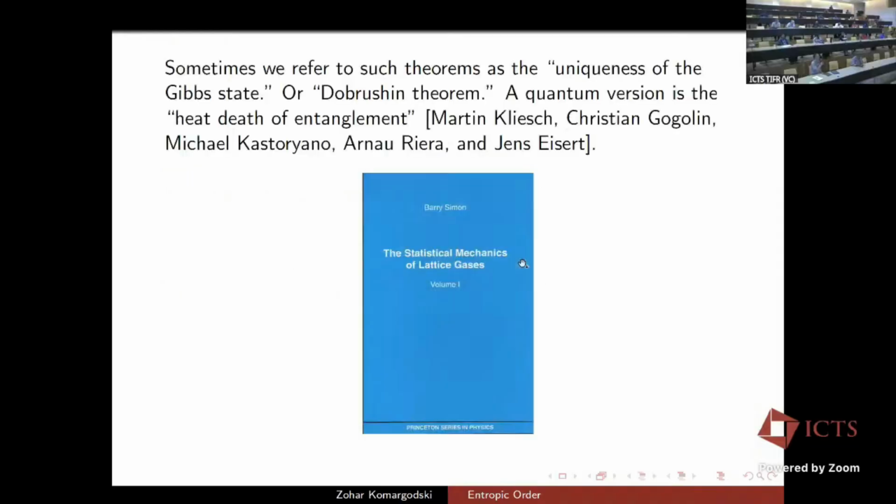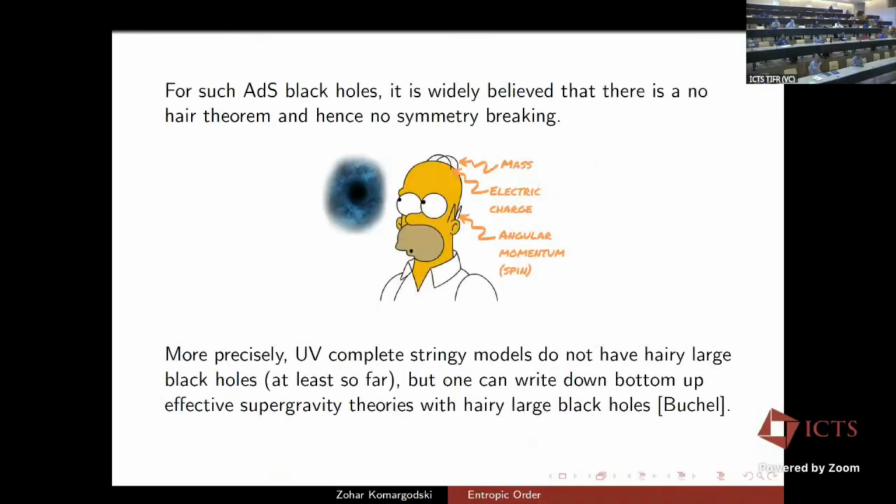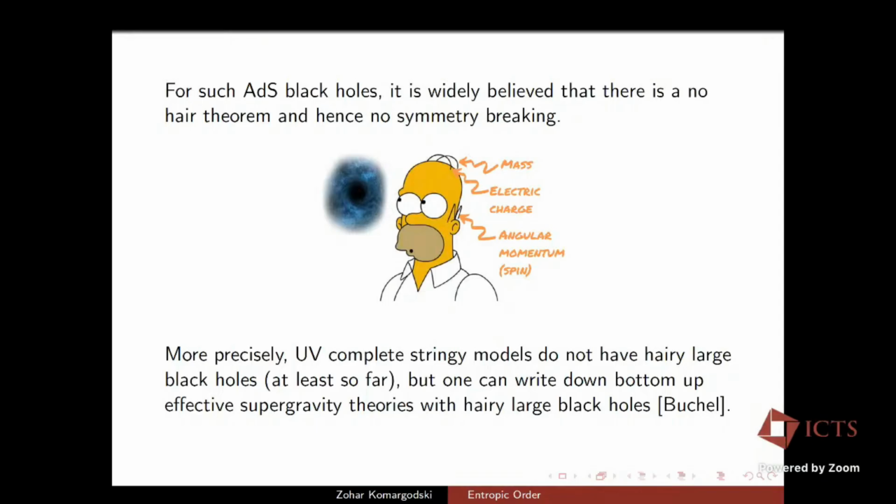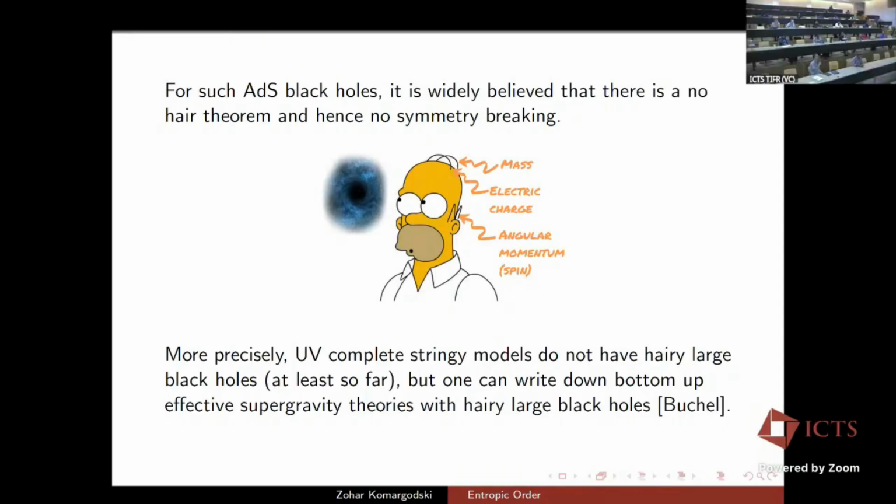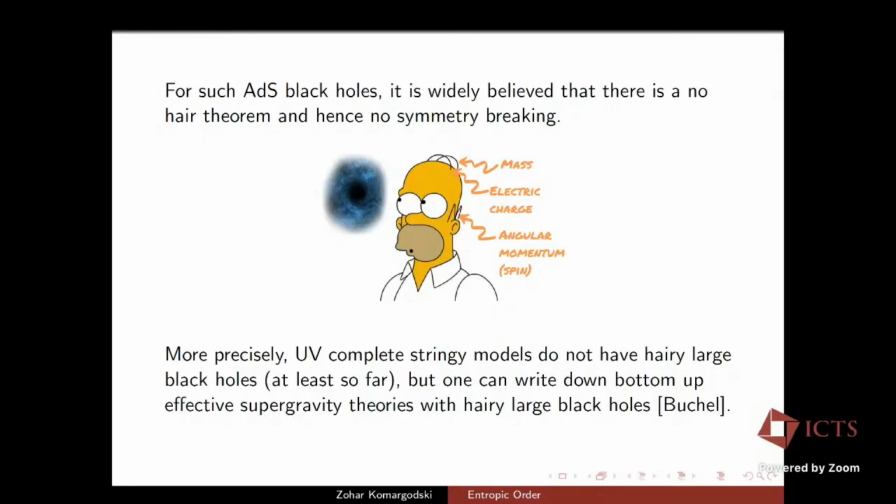So you can, yes? Question about the hair. So by hair, you mean that there are no other things except mass, electric charge, and angular momentum? Yeah. And why is the presence of hair related to symmetry breaking? Okay, excellent. So by hair, what you practically mean is that there is some kind of fuzz or some condensate near the black hole horizon.